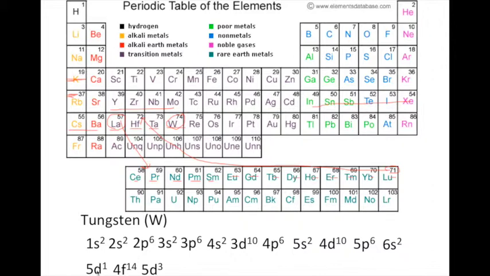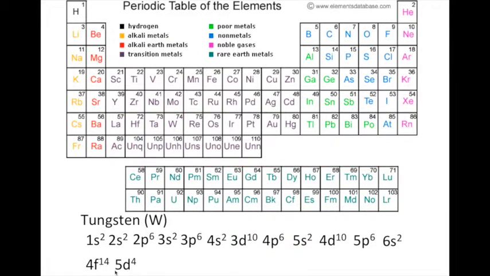One last thing though, the 5d1 that we have here and the 5d3, we want to combine those. So we write just 5d4. So it would look like this. Again, everything else is the same. 4f14 5d4. And it doesn't matter if you write the 5d4 before the 4f or after, but we do want to combine the 5d1 and the 5d3.